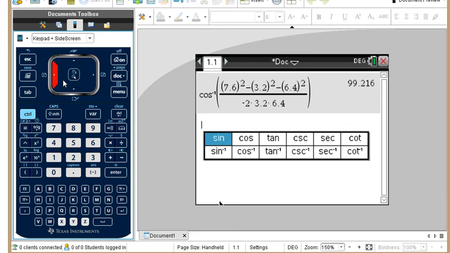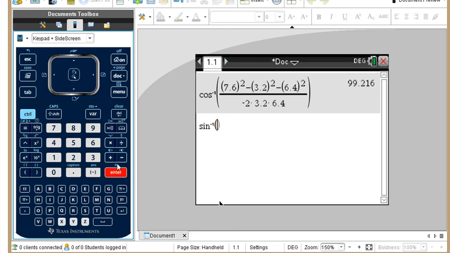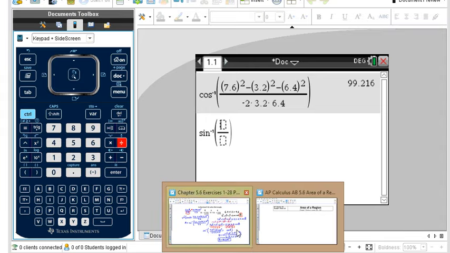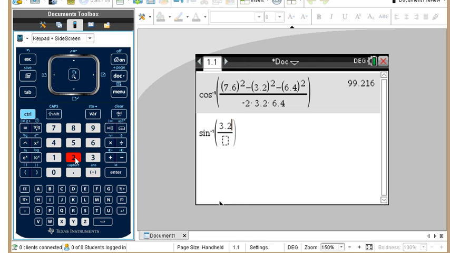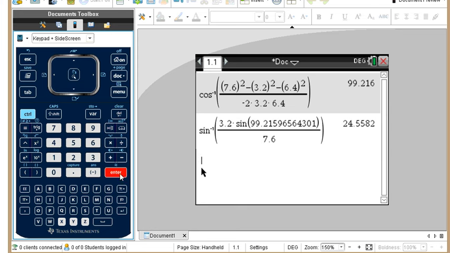We're going to go to inverse sine of, make sure we have it right here. 3.2 times sine, and what I'm going to do instead of putting in 99.216, I'm going to press Control negative sign, which gives me ANS, which is the last number calculated, over side B, which is 7.6, and we get this angle, 24 point.